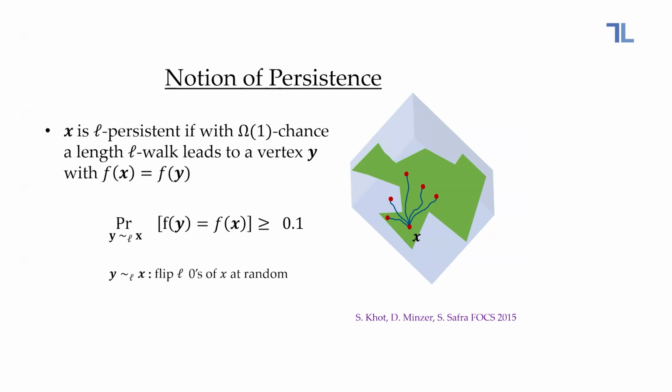So you actually count walks, right? Suppose X had T zeros, then there are T choose L different subsets that you could flip, and those will be the different destinations Y that you could obtain. But you will be multiplying it by T. No, I'm not multiplying. I'm just looking at the Y. When you say walk, are you counting only the Y's?